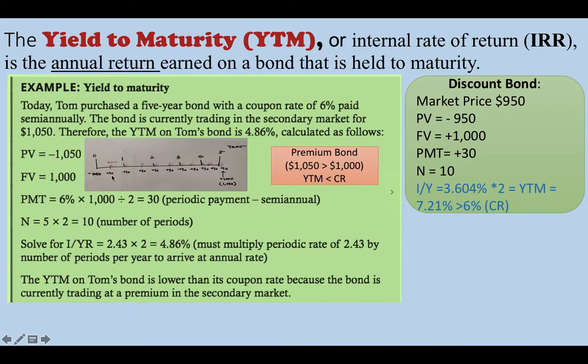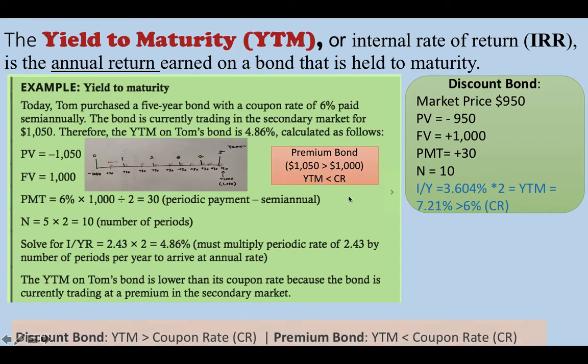So let's think again. If I bought at the par value of $1,000, I get the same cash flow, I get 6%, yield to maturity 6%. How about if I buy this bond at a lower price? Then I get the same cash flow in the future. So my yield to maturity, of course, can be higher than the coupon rate.